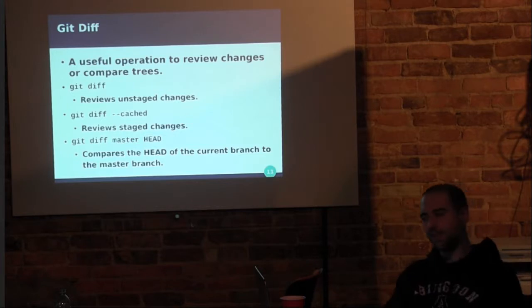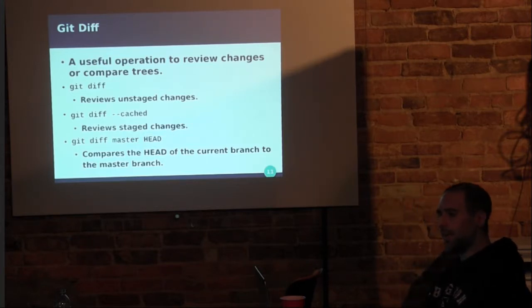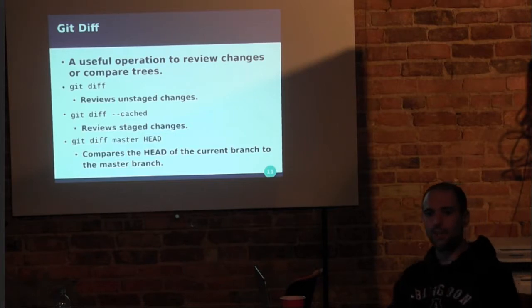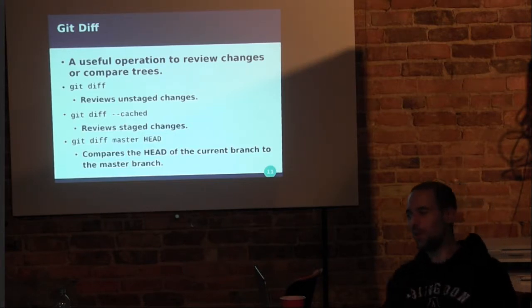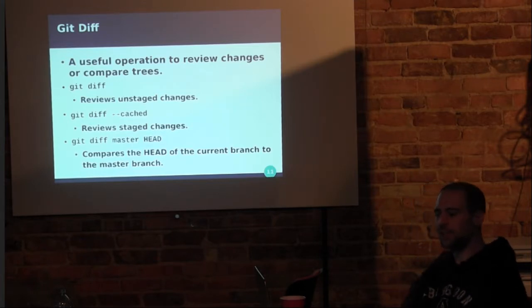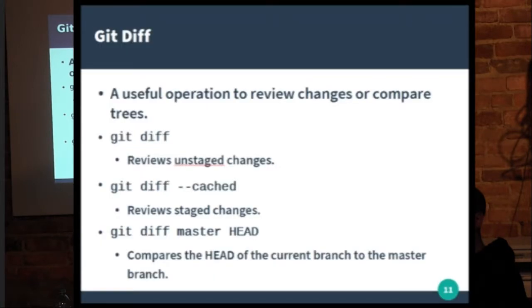Git Diff is also very common for me. I know not everybody uses this, but I defined it here as a useful operation to review changes or compare trees. A little bit of quirkiness with the first two commands.